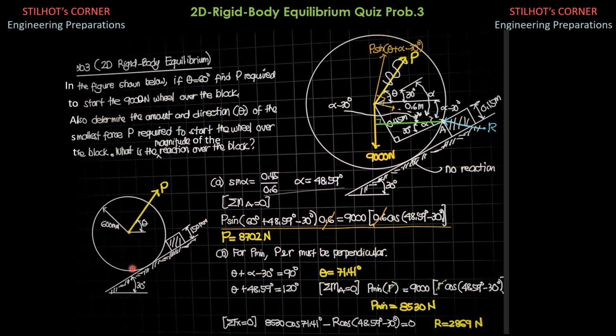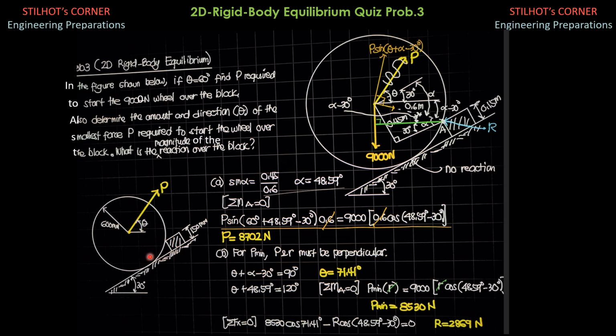Take note that the analysis here for this wheel to start over the block, the friction should be sufficient enough for this block not to slide. And when the wheel is about to roll over this block, there should be no reaction here, because the condition is the wheel is about to start over the block.